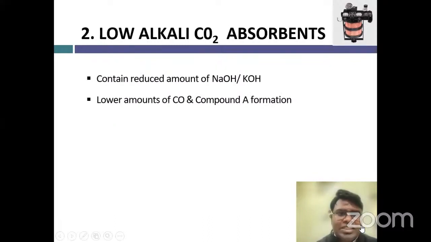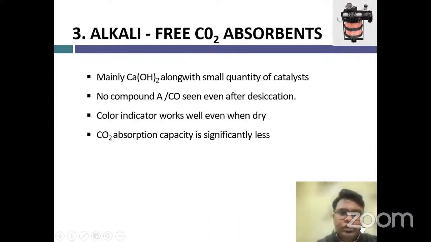Low alkali absorbents contain reduced amounts of sodium hydroxide and potassium hydroxide. While alkali-free CO2 absorbent mainly contains calcium hydroxide with significantly less carbon dioxide absorption capacity, there is no risk of compound A and carbon monoxide formation even after desiccation.